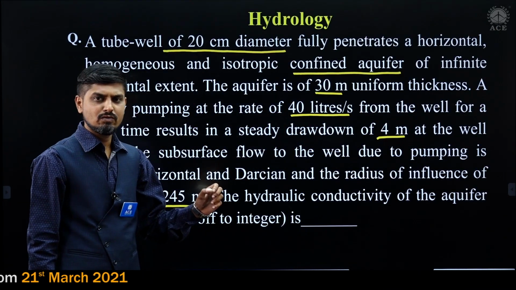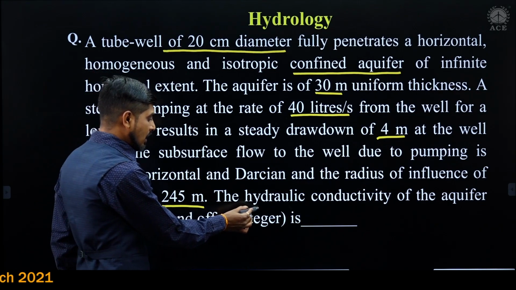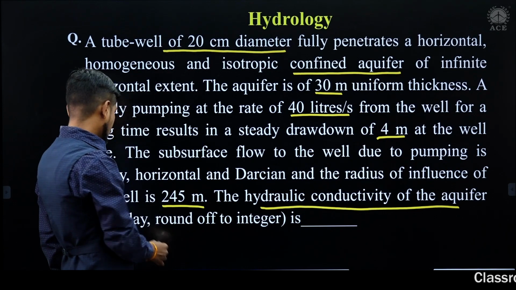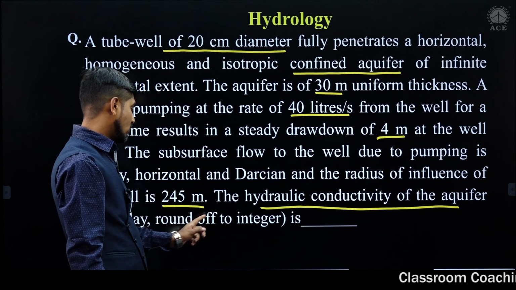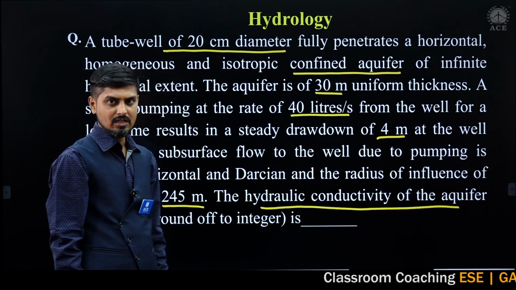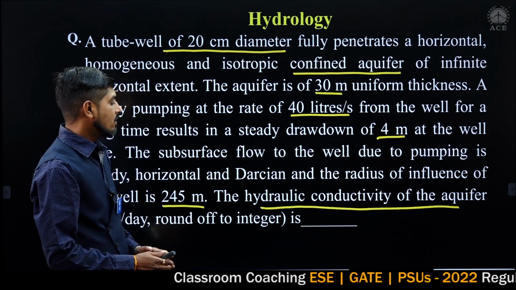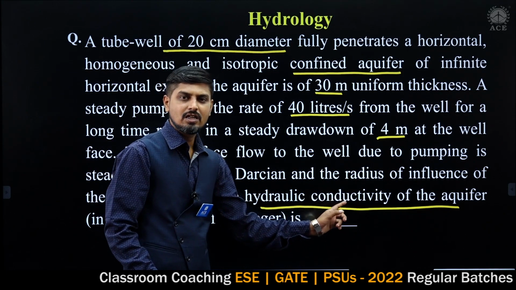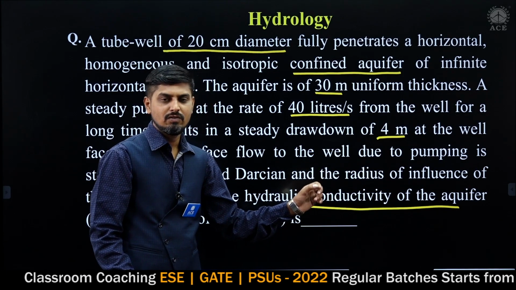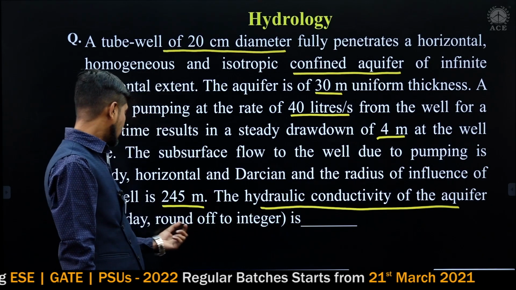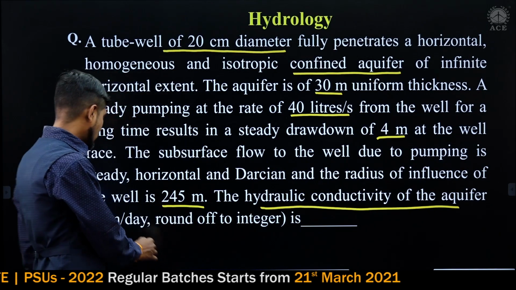Now what are we supposed to find out? The hydraulic conductivity of the aquifer in meter per day, rounded off to the nearest integer. So here we are supposed to find the hydraulic conductivity, that is nothing but the coefficient of permeability K value, in terms of meter per day. Units are very important.